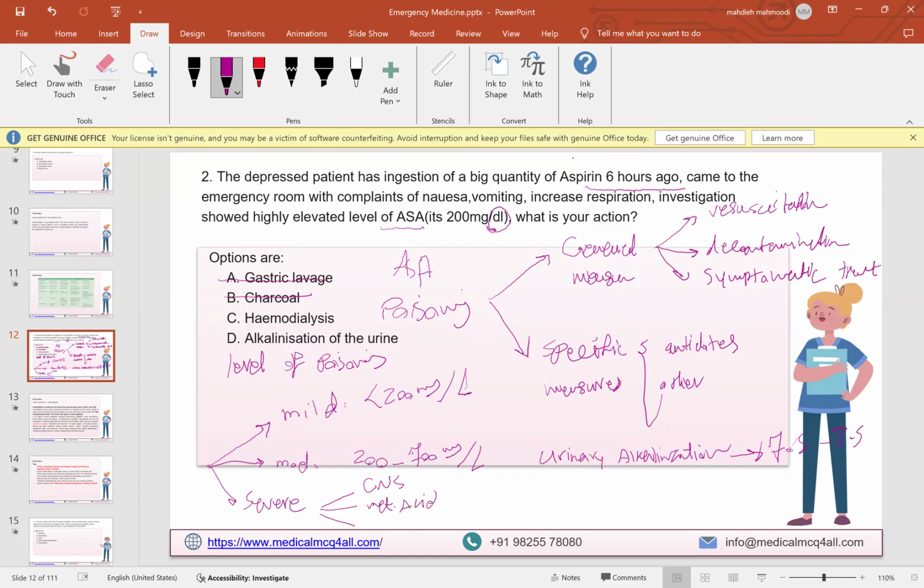If your patient is showing metabolic acidosis in ABG, already severe poisoning. And 3, aspirin levels above 700 milligram per liter. Based on the things that I told you, in this case, we do hemodialysis.